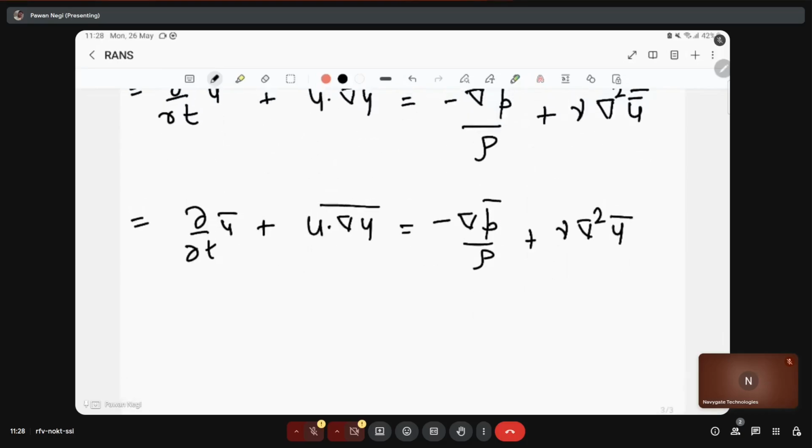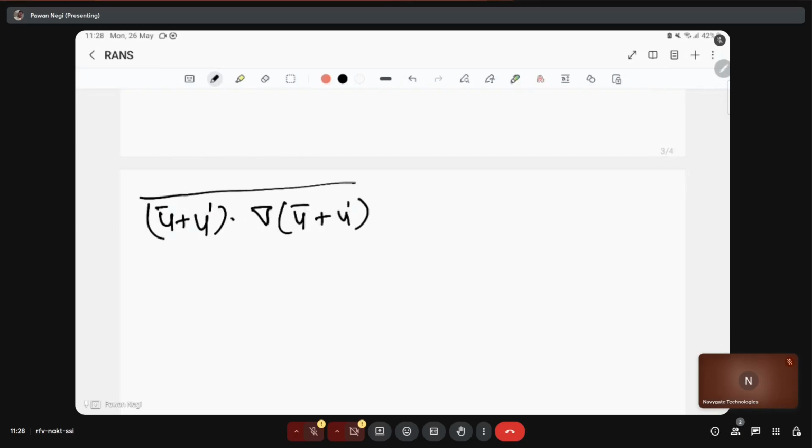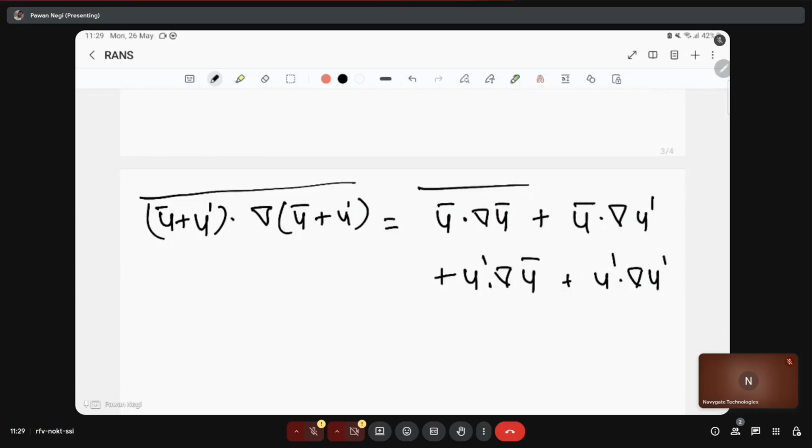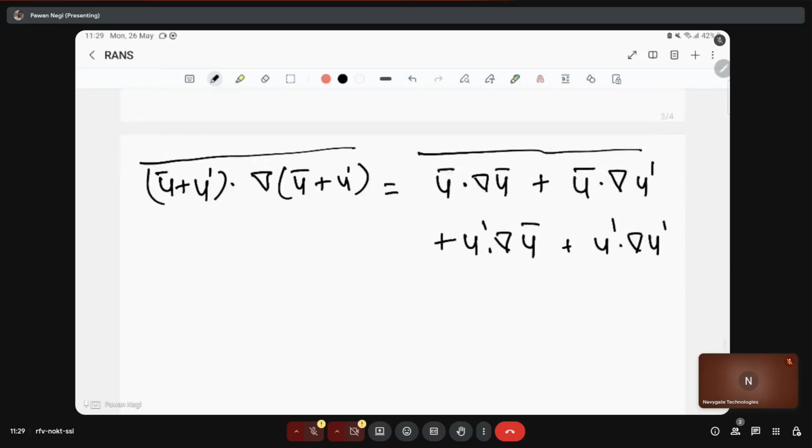now let's see the non-linear term, which is the convection term. So for the convection term we can write the averaging of this entire thing, which is equal to, let's simplify this, the averaging of all four terms, which will equal the averaging of these individual terms.